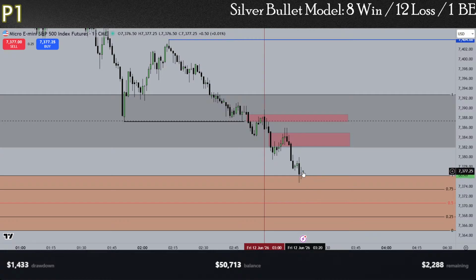Let's study that. Still, these two fair value gaps are my potential inversion fair value gaps, if we can go above them. Other than that, there is really nothing else to work with.